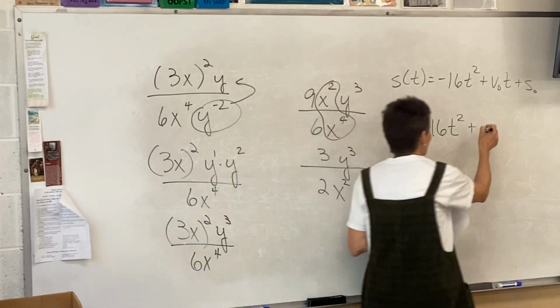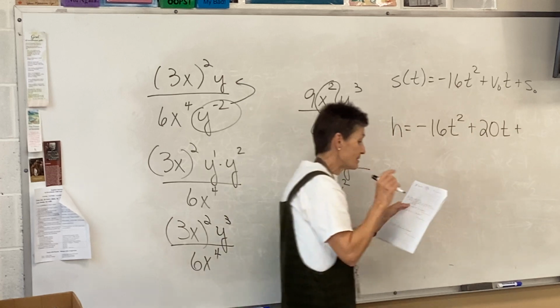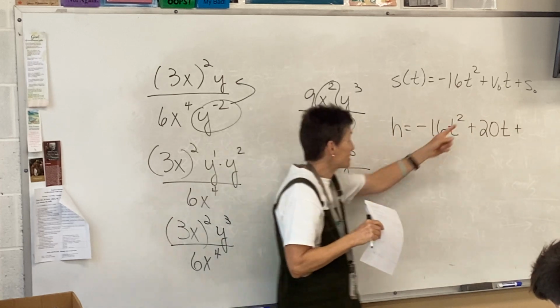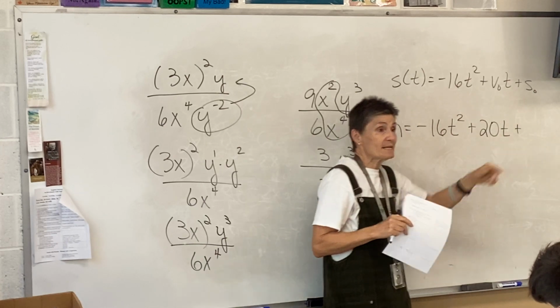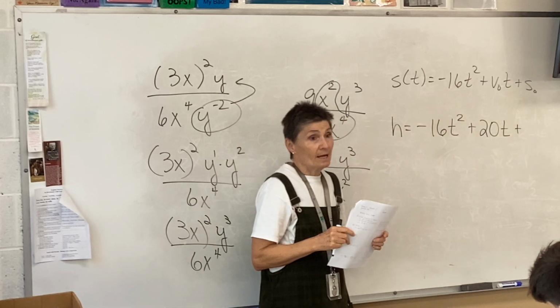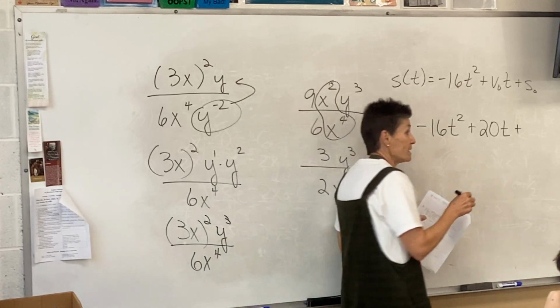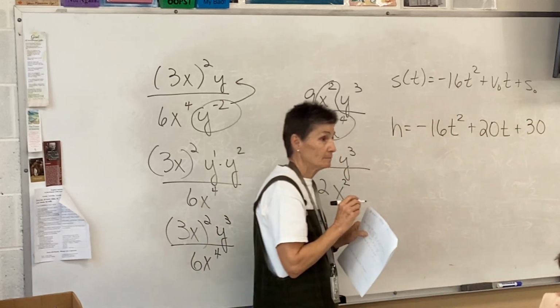Now, guys, you've got to make sure you get the 20 in the right spot. It says the velocity is 20 feet per second, so that goes in for V. Okay, that's your velocity. What's the initial height of the ball? 30? It's on a building 30 feet tall.